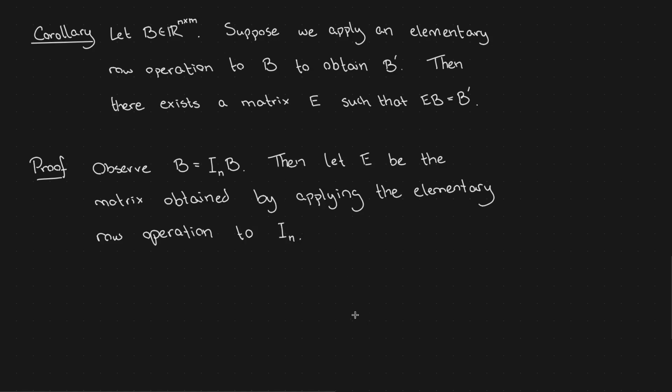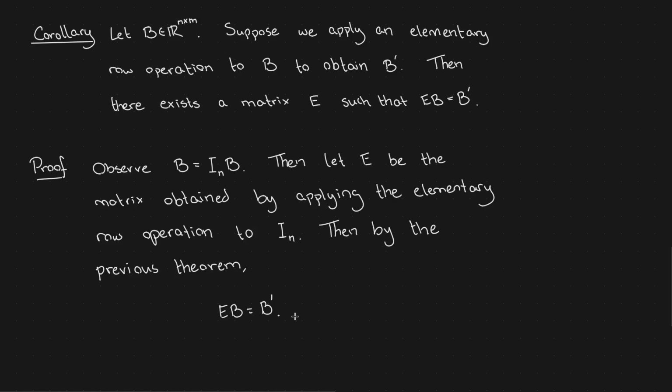So we're just applying the same elementary row operation that we are going to apply to matrix B. We're going to apply it to the identity matrix. Then by the previous theorem, the theorem that we just proved, EB is equal to B prime.